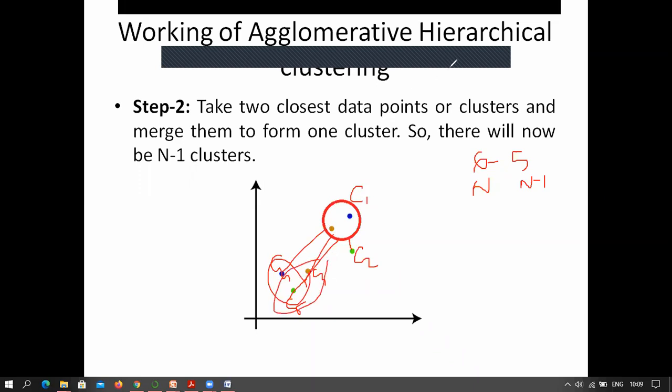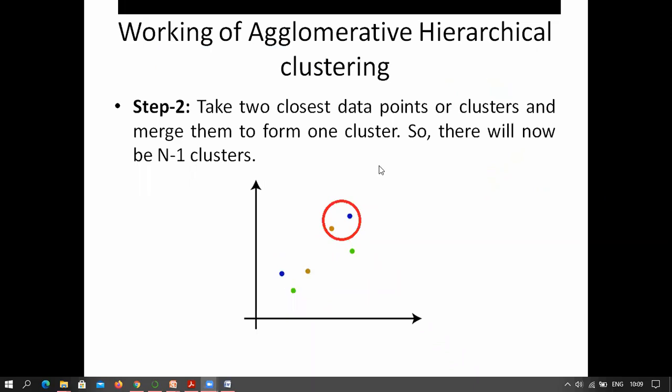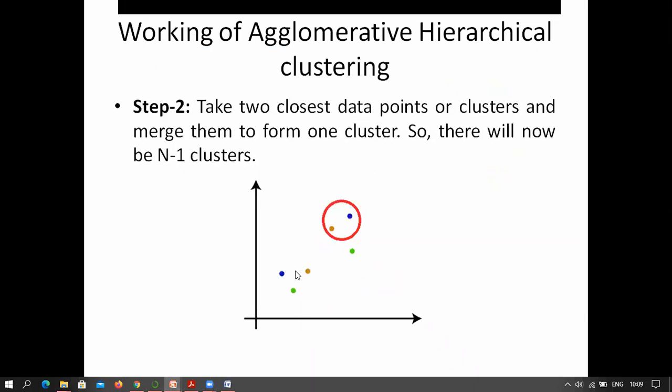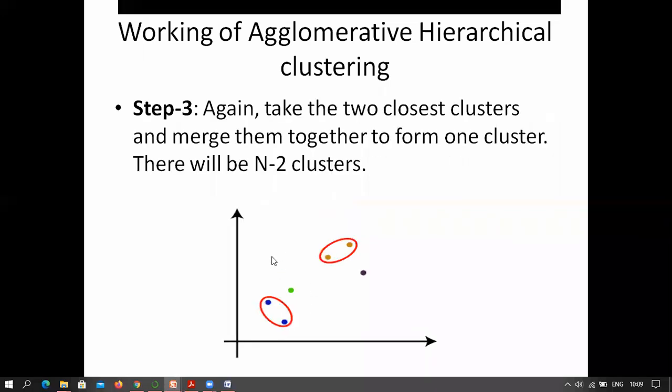Every pair you have to take and find out the distances. Depending upon that, suppose you find these two were very close, these two had the shortest distance. So you will combine them into one cluster. Now, how many clusters are there? This is your one, this is your two, this is the third one, this is the fourth one. So 4 clusters are there.